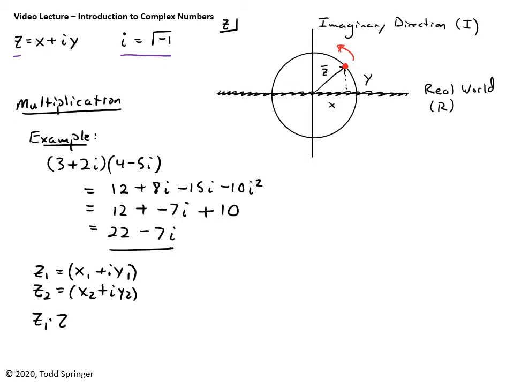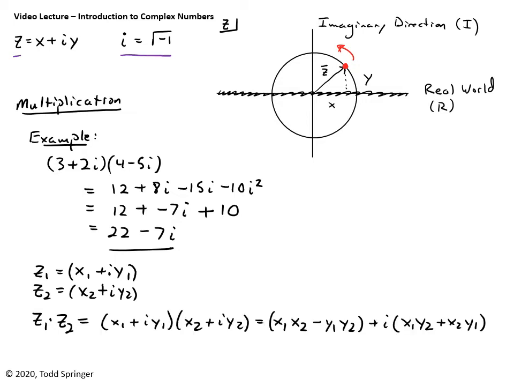Z1 times Z2 is going to work exactly the same way, so we can just write it out in general. So there it is, in general for any two complex numbers. Notice the minus sign here, so the minus y1 times y2, that minus sign came from multiplying these two terms together with i squared is equal to -1.